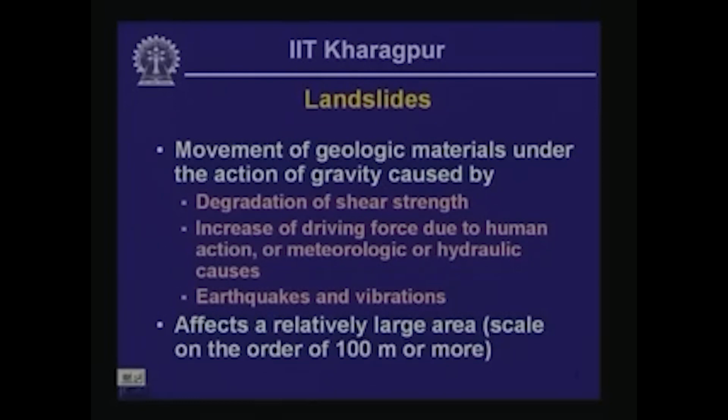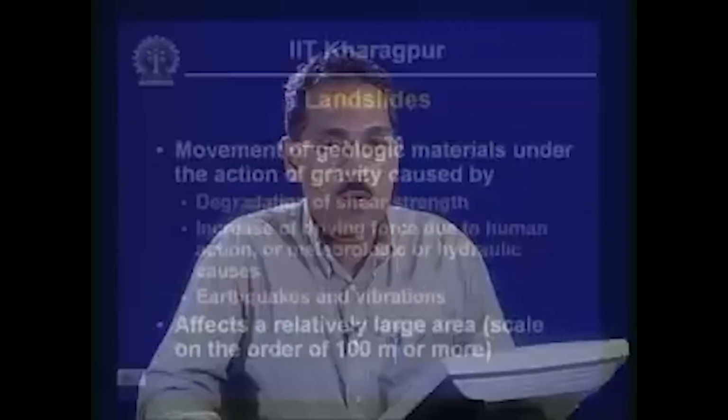Now landslides, I am going to actually distinguish landslides, although some other researchers may not agree with me in this matter. I am going to say landslides are those slope instabilities which affect a relatively larger area.